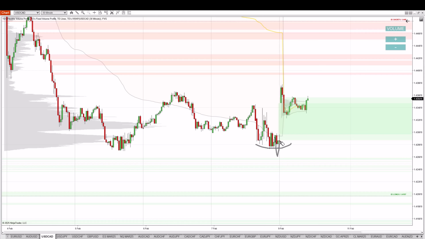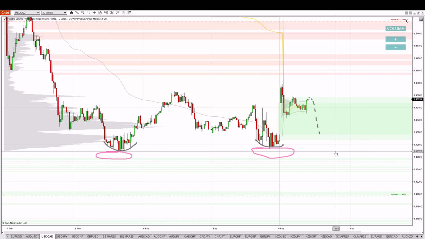If there was a sharp rejection of lower prices, something like this, then it wouldn't be a weak low anymore. But this is a weak low, right? Also in here, there's a weak low, and very often there is liquidity below those weak lows, and price likes to test that.